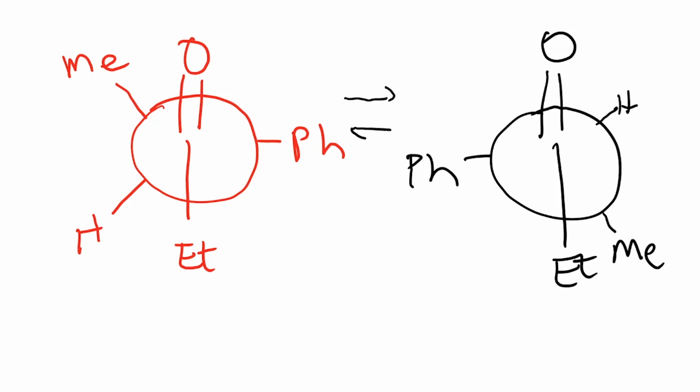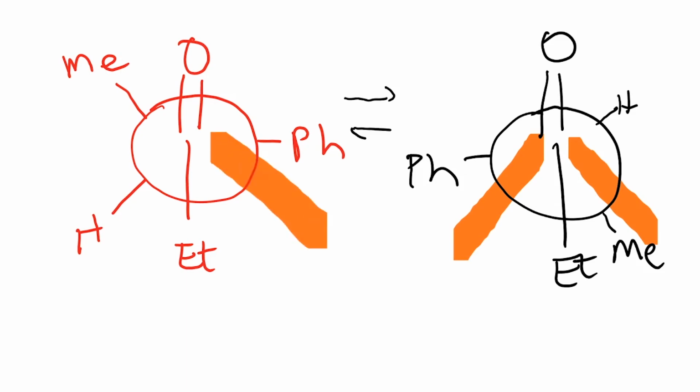Okay, so the way we would project forward is that clearly this attack is not very favored because of the methyl group. This one is not going to be favored because of the phenyl ring. The same situation over here. Therefore, the most favored one is the one which I'm drawing in blue.